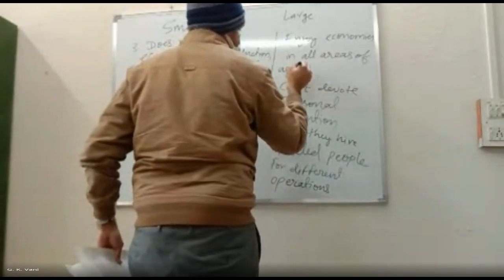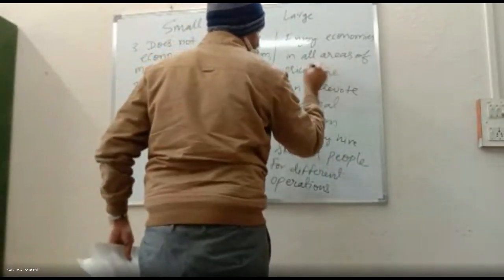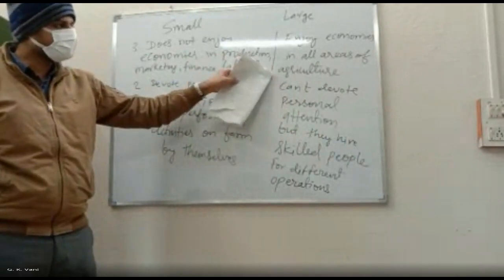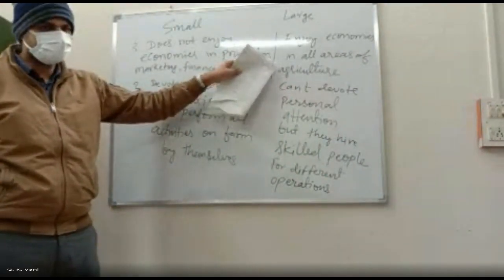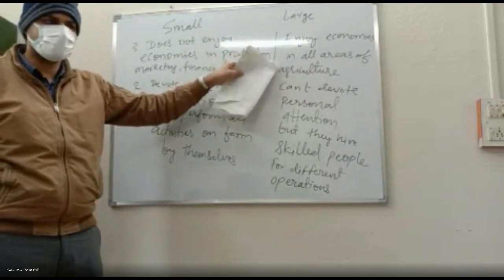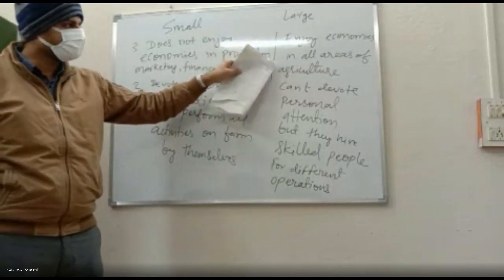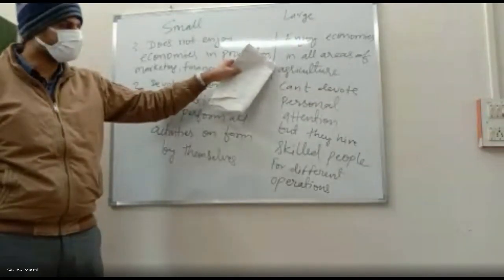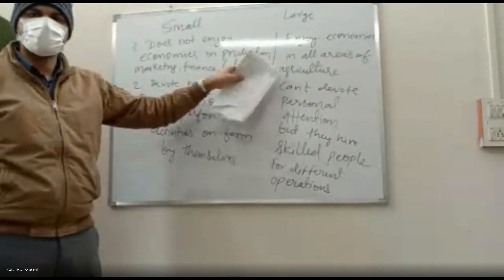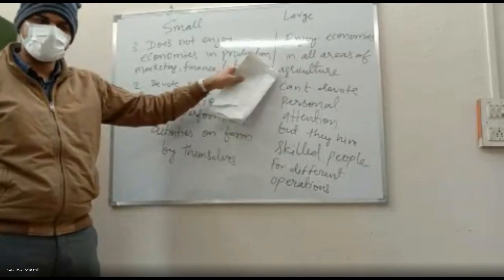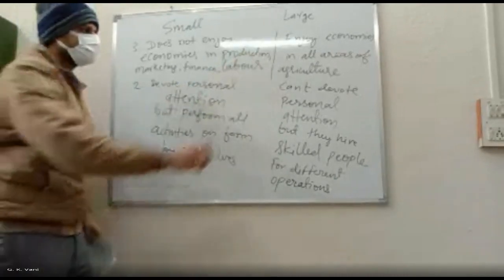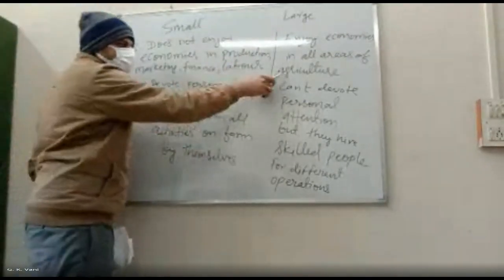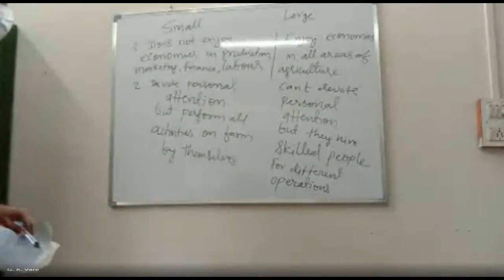What I mean here is they get higher production because their farm is large, they can efficiently utilize the resources, they can do better marketing, and they can get credit at a very low rate of interest. For labor, they can have permanent labor which is very devoted to their farms, right? They can even have full salaried experts on their farm because they have a large amount of money.